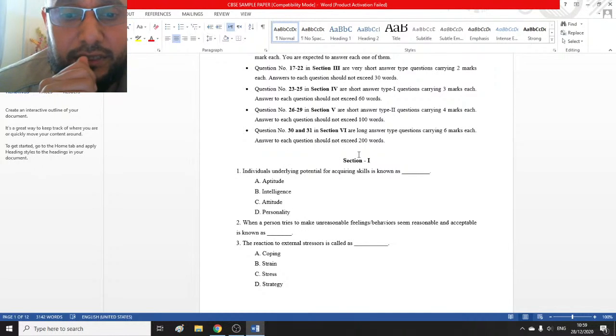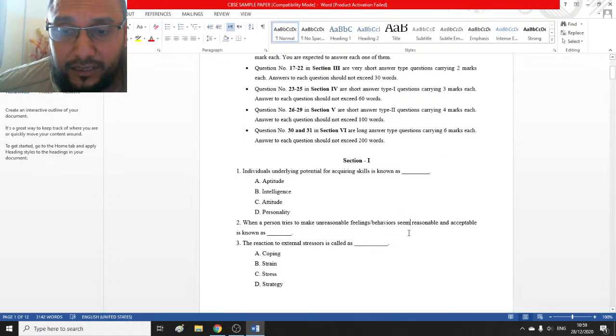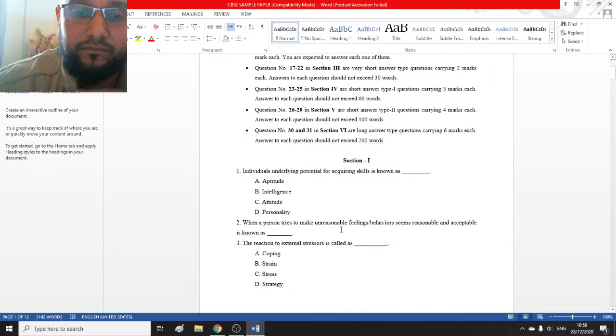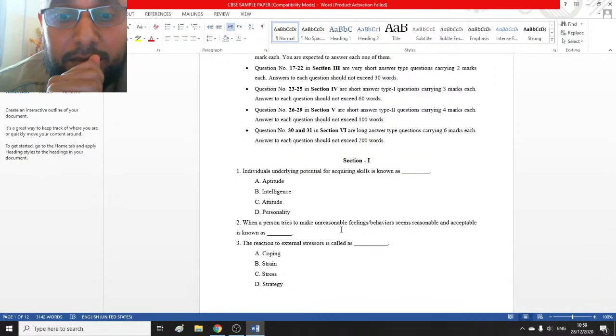The second one you see, when a person tries to make unreasonable feelings or behavior seem reasonable and acceptable, it is called as, whenever an individual tries to make unreasonable things look reasonable to him, this is a defense mechanism called rationalization.